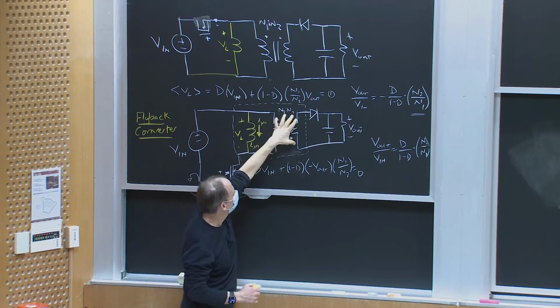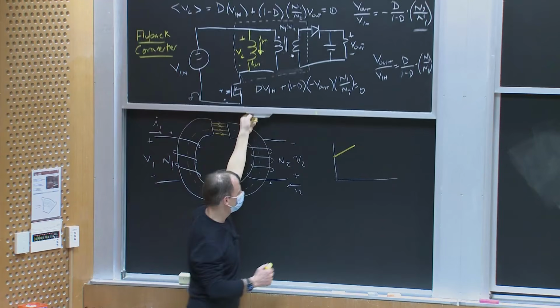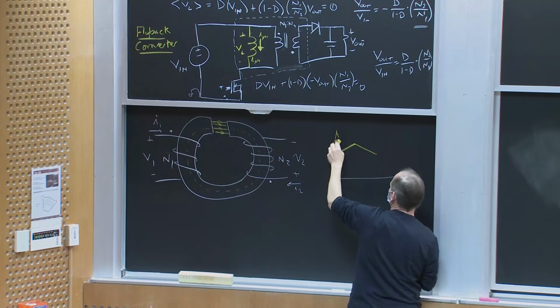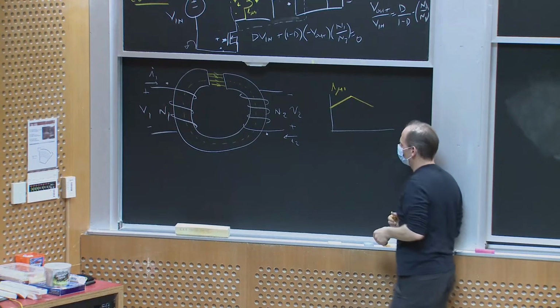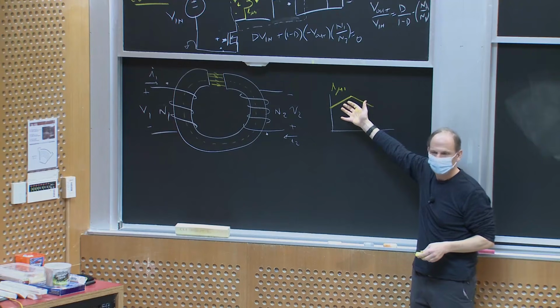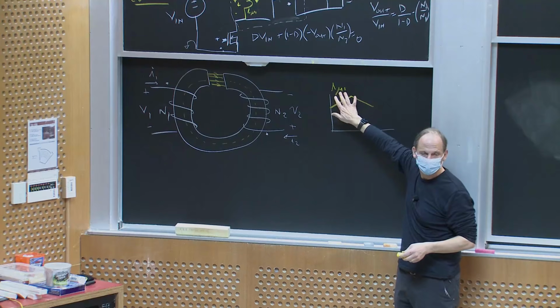Because of the polarity, the voltage gets applied and the current in the magnetizing inductance ramps down. So this is what I mu looks like, and I'll draw this as I mu1. And I'm pretending it's a 1-to-1 turns ratio for the moment. Actually, I mu1 is always going to look like this, the magnetizing current.